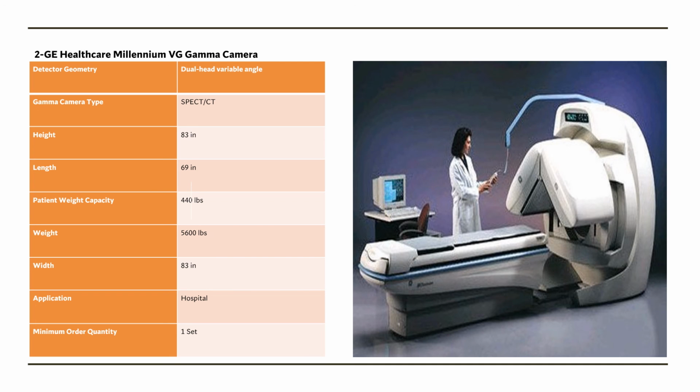GE Healthcare Minimum VG gamma camera. This specification for this device: detector, camera 10, dual head, variable angle, gamma camera type SPECT CT, height 83 inch, length 69 inch, patient weight 540 pound, weight 5600 pound, width 83 inch.